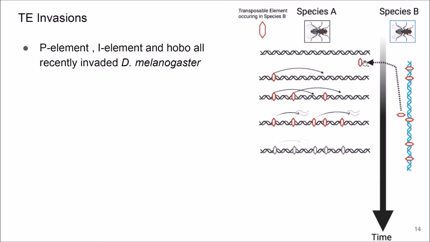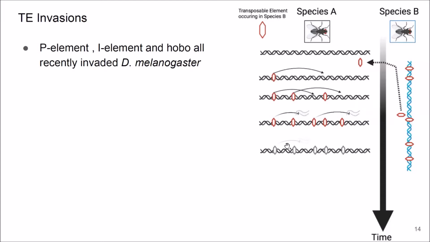One example of how this can happen is horizontal transfer. The transposable element that is present in species B in this example enters the species range of A by horizontal transfer or introgression. Then there is no defense present in the organism, which means that it can increase in copy number for a certain time until the organism starts silencing the activity of the transposon, in this case shown by these small RNAs.